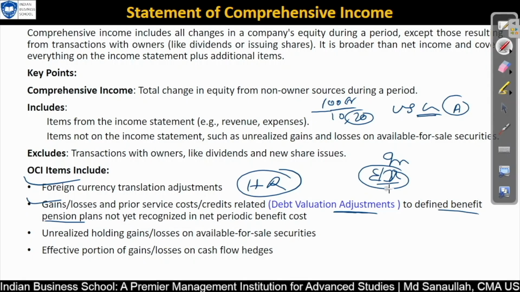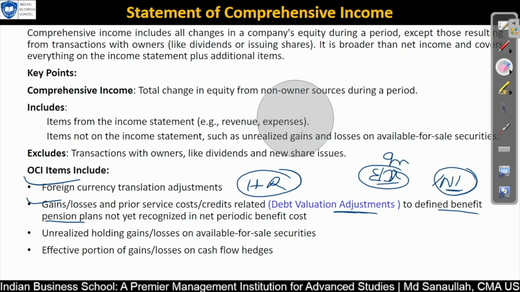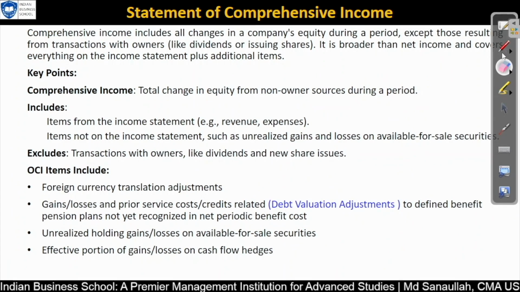You do not need to book all the expenses at once, otherwise your net income will be gone and you will not generate any profit. So that is how it works. These are things you cannot recognize immediately; there is some rule and guidance, and based on this only you can move them into your income statement.